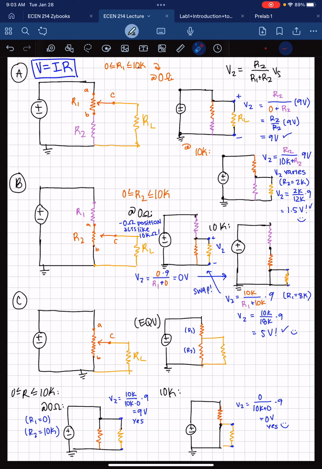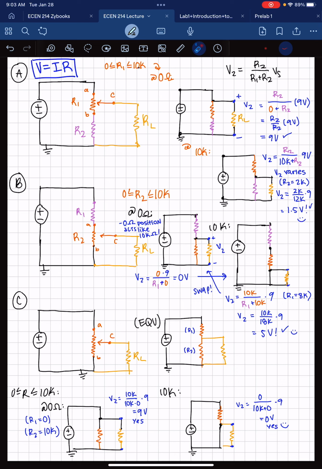So here, at the 0 ohm position, you have your first resistor right here, and I think in this case we chose R1 equals 8K, right? So 8 kilo ohms and 10 kilo ohms down there. When it's at 10K, we wanted it to drop 5 volts.